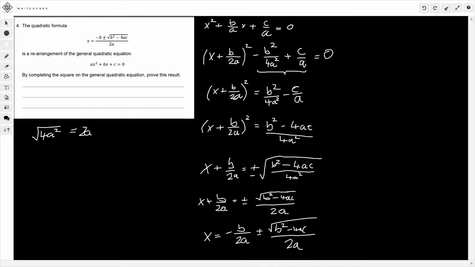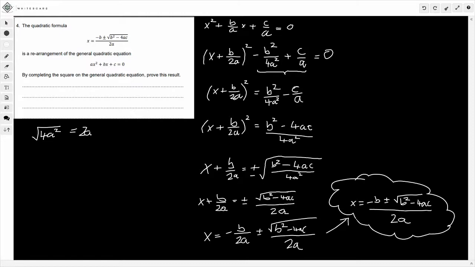So this gives us x equals minus b plus or minus the square root of b squared minus 4ac, all divided by 2a. And there we have it, guys. We have got that x is equal to the quadratic formula.